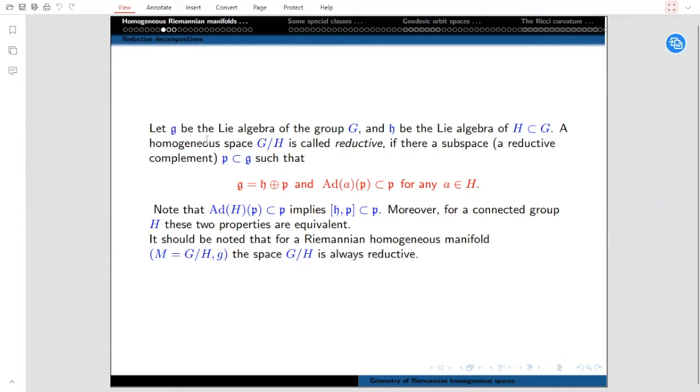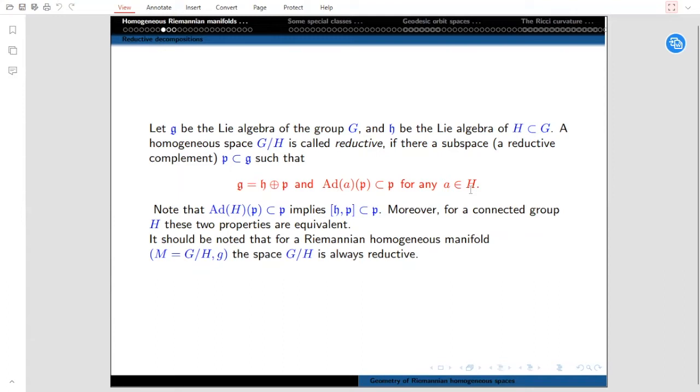Let g be the Lie algebra of the group G and h be the Lie algebra of the isotropy subgroup H. A homogeneous space G/H is called reductive if there is a subspace, a reductive complement, p in g, such that g is a direct sum of h and p as linear spaces, and the action of Ad(A) on p is in p for any element A from the isotropy group.